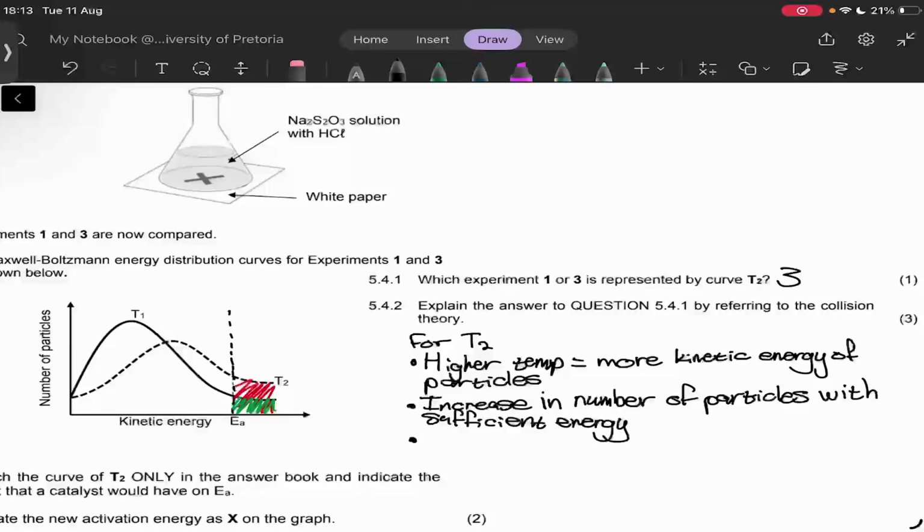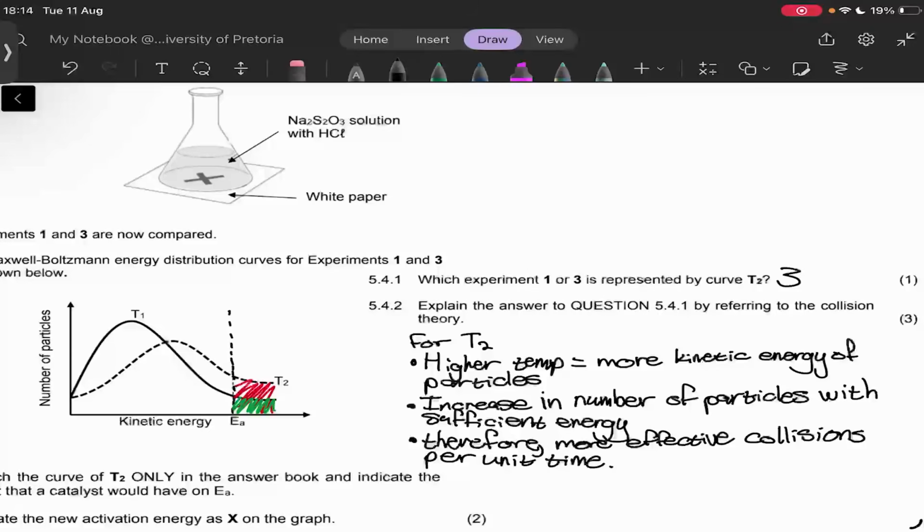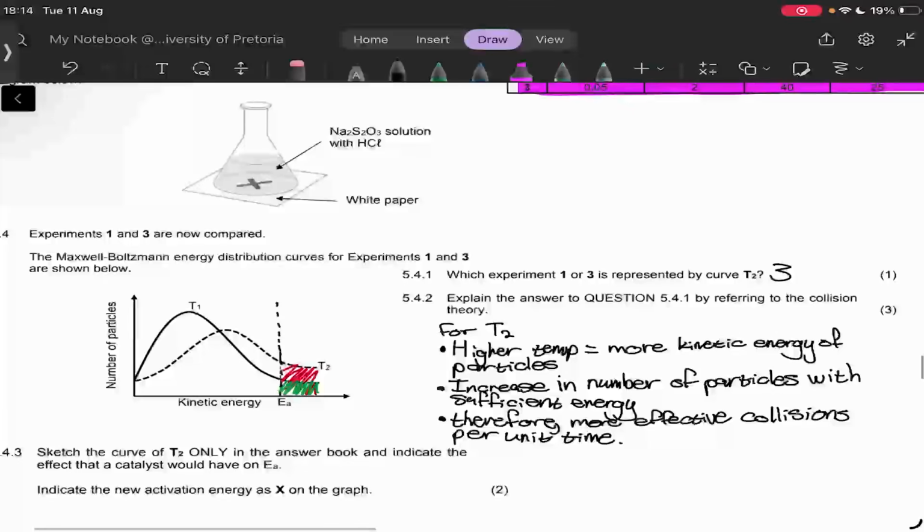And then our last mark would come from saying we therefore have more effective collisions per unit time. Cool. So I think this one was quite straightforward.